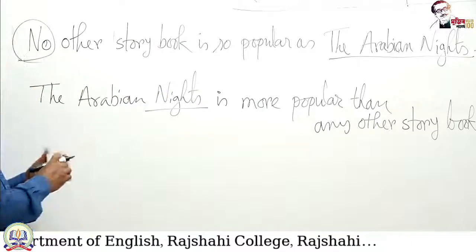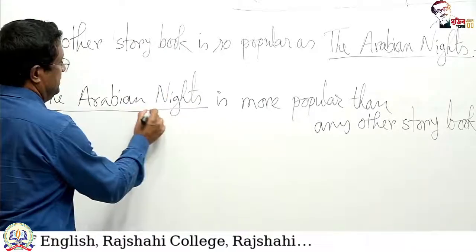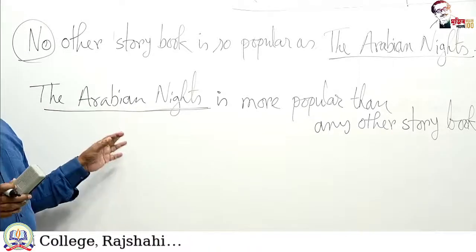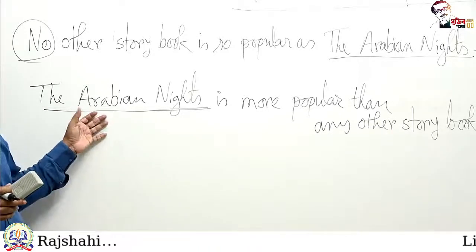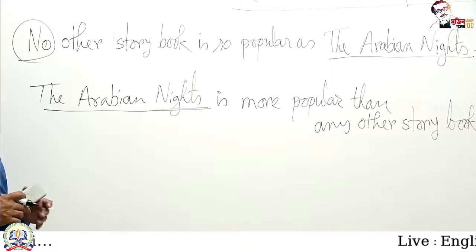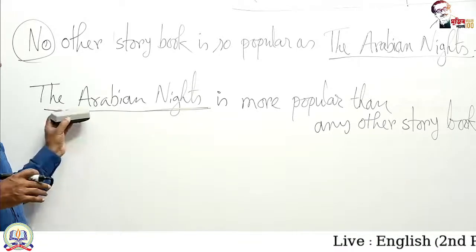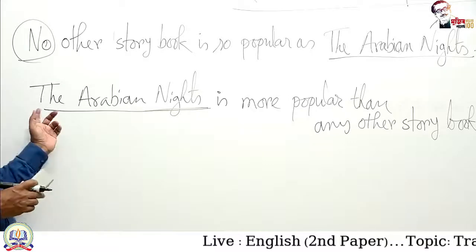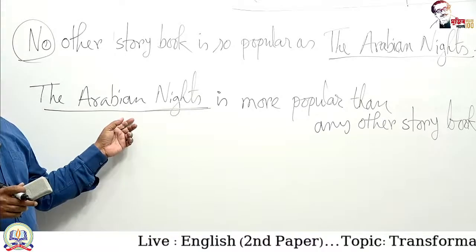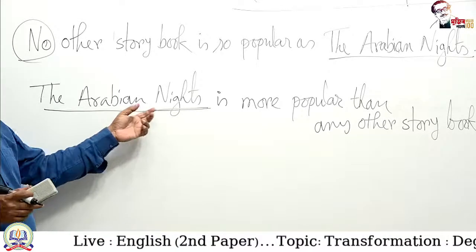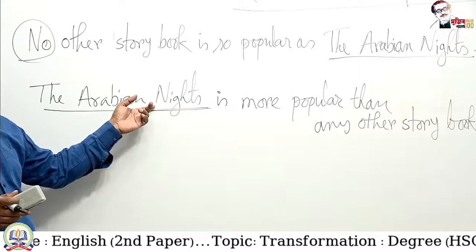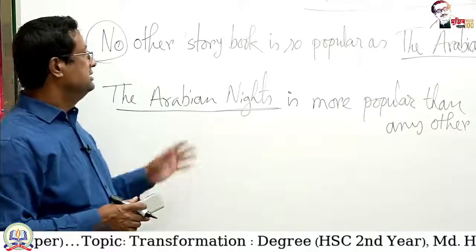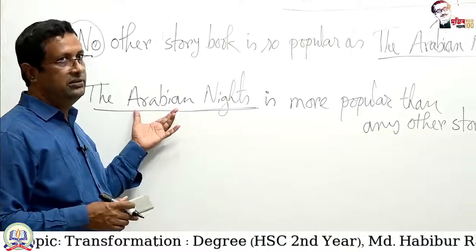The Arabian Nights: when you write on paper with your hand, you have to underline this, and in printed books, we keep this in italic form. That is italicized words.